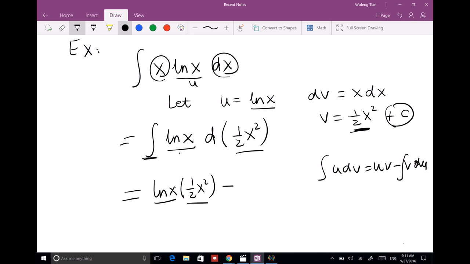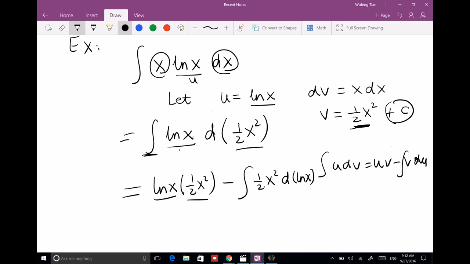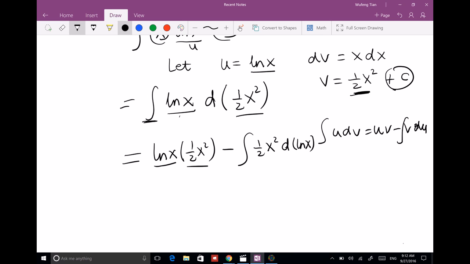And uv minus v, which is half of x squared, d of ln x. Derivative of ln is one over x. So it's half of x squared times the derivative of ln, which is 1 over x, dx.